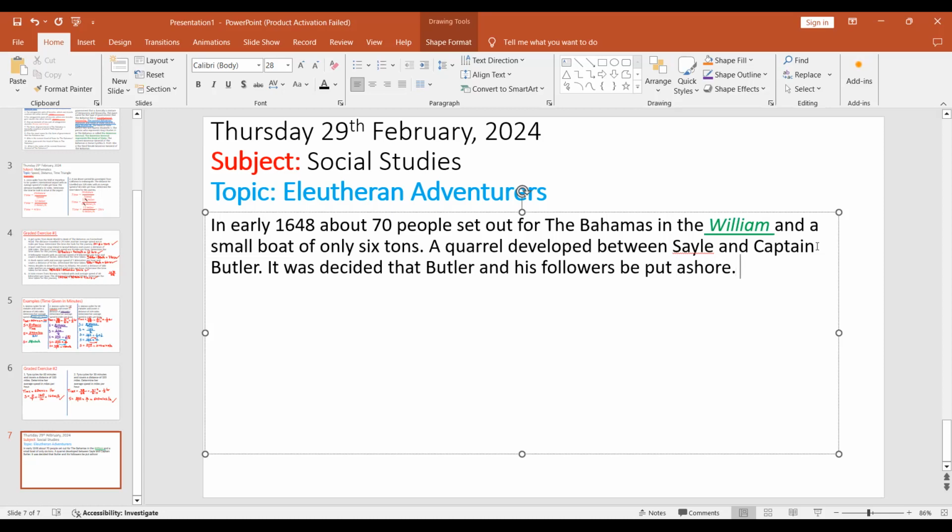They're like, well, we don't want to go with y'all anymore, so I guess y'all gotta find some other way. And they split, right? So the group split. But something happened to the people who were on the William as they were sailing along. Anyone can guess what happened?